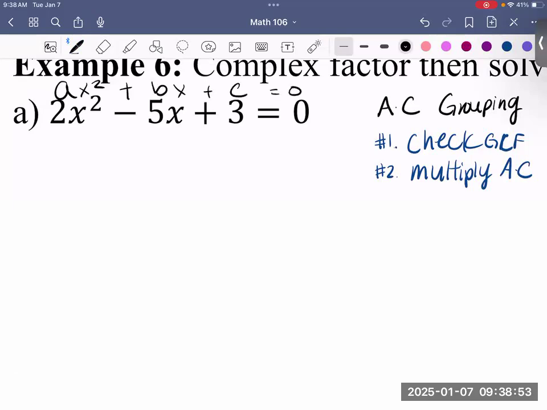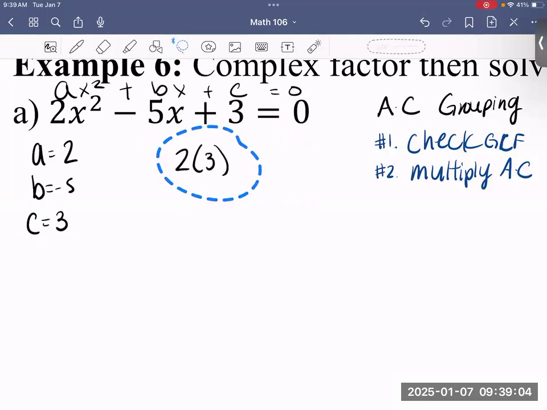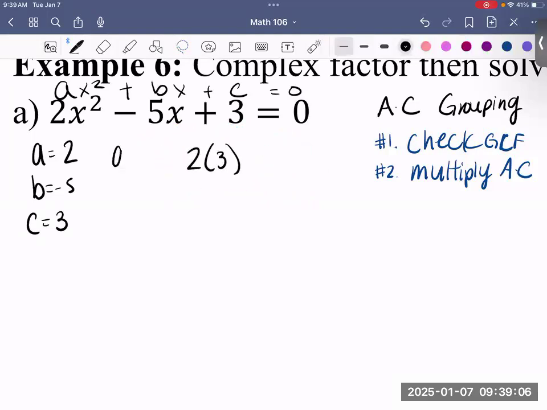So 2 times 3, because A is equal to 2, B is equal to -5, and C is equal to 3. So we have A times C, which is equal to 6. So now we are going to find factors.